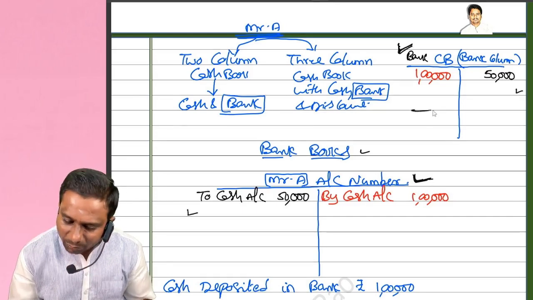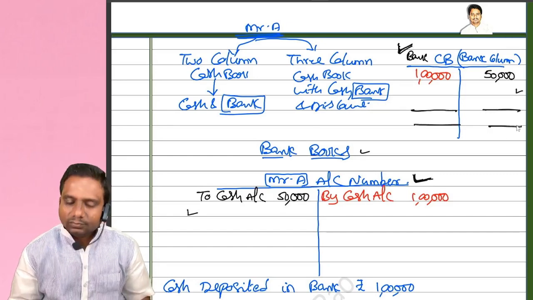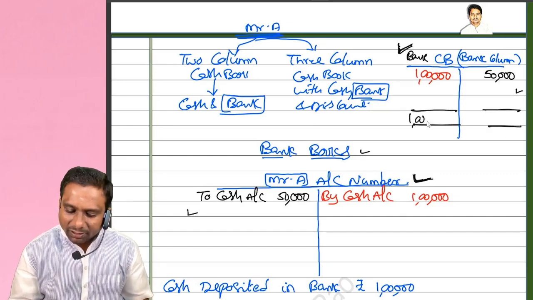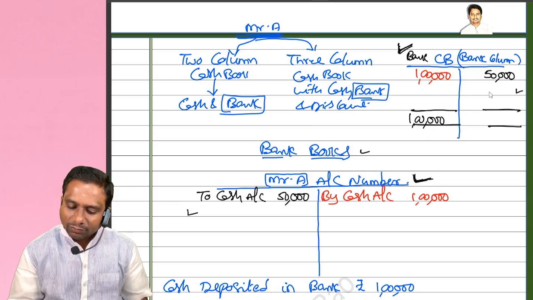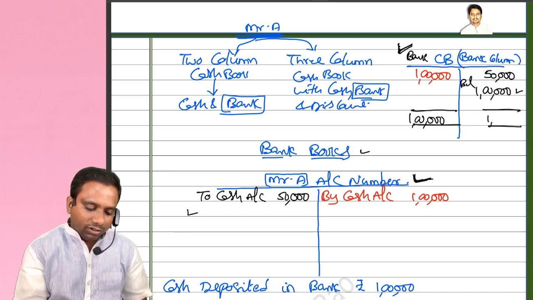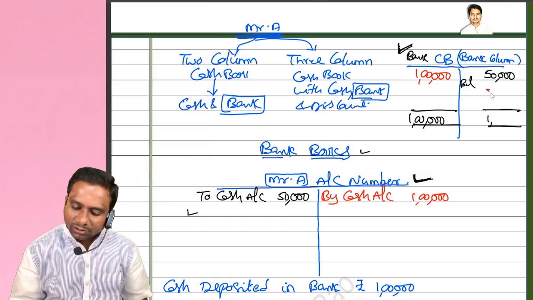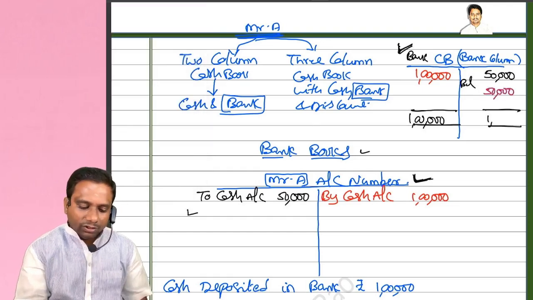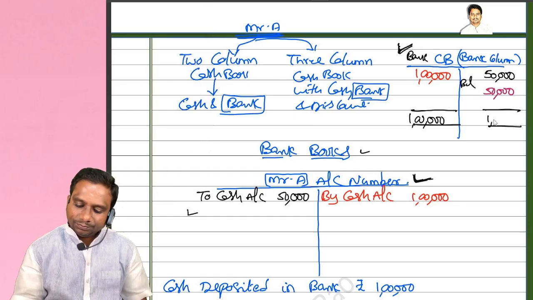Now balance the bank account once. Cash book credit side 1 lakh, here debit side 50,000. What is the difference? Sorry, 50,000 is the balance.